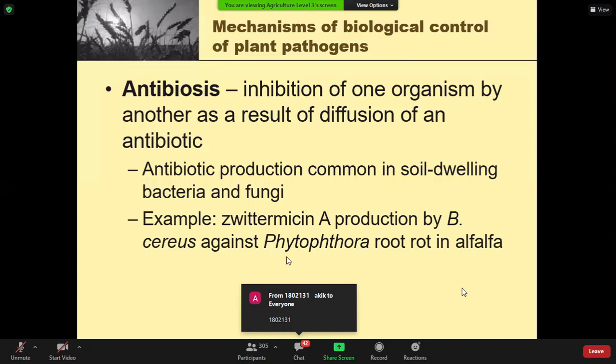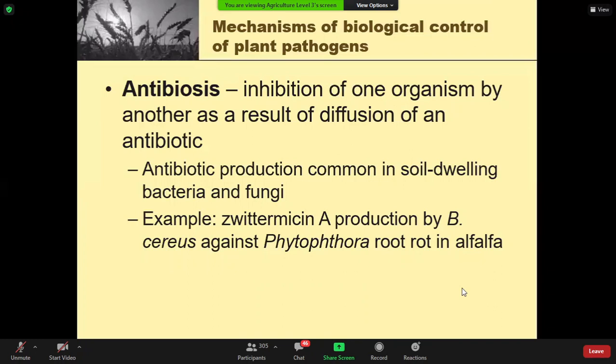And what's the question? Mycoparasitism. Mycoparasitism is when the beneficial microbe takes nutrition from the harmful microbe. That is, the beneficial microbe survives on the harmful microbe. We call it mycoparasitism. That is the fungus. For example, Trichoderma takes nutrition from another fungus, for example, Fusarium.